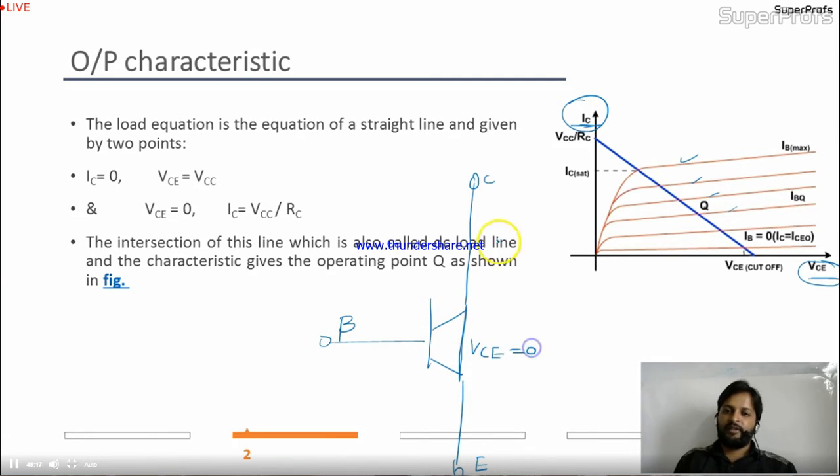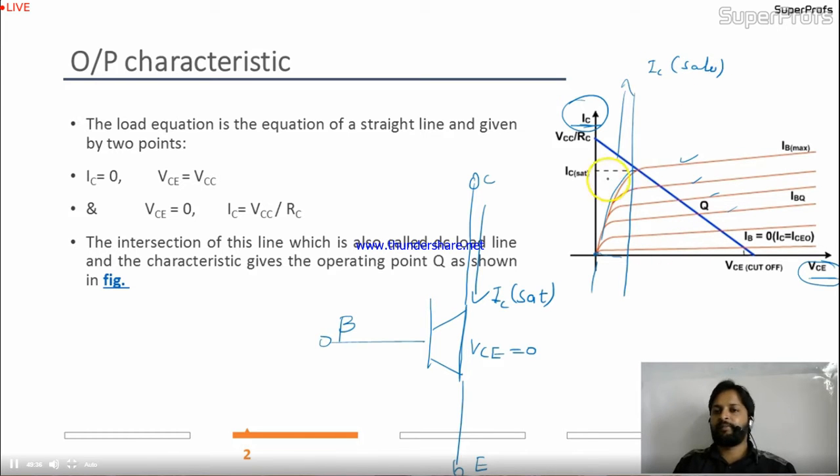In this case, we were getting maximum current, that is IC saturation. So VCE is 0 over here, and this region is the saturation region.